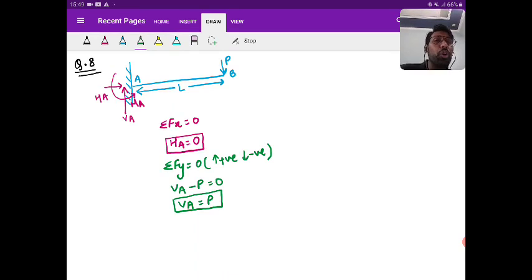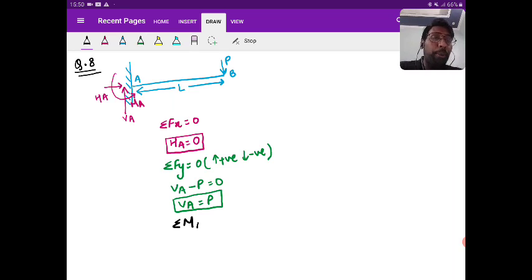Okay then, the last equation is for MA. Summation of moments about any point in the z direction is equal to 0. I can either take the moment at A or at B. It's your wish, wherever you want.